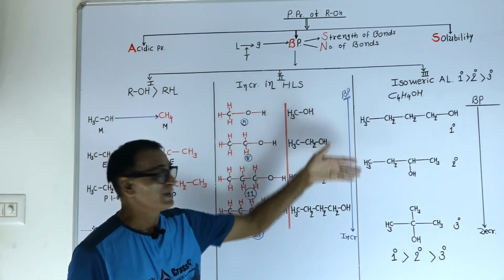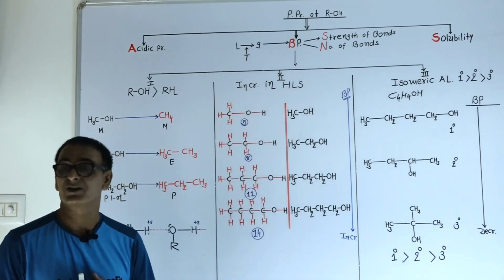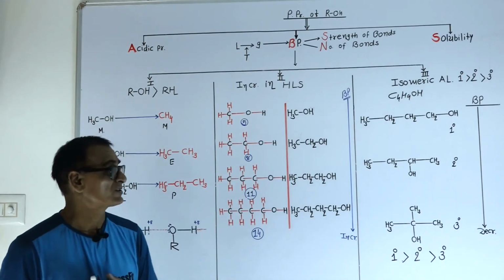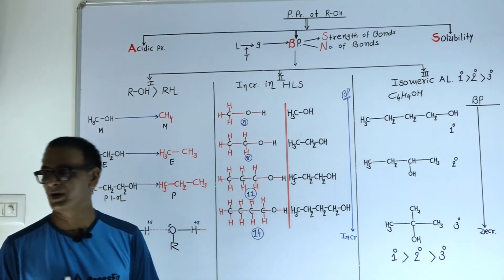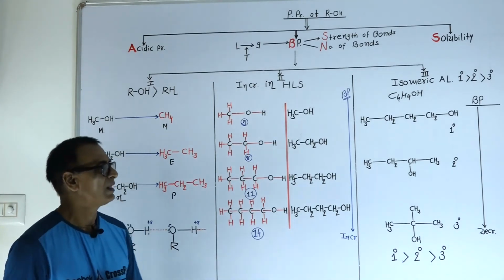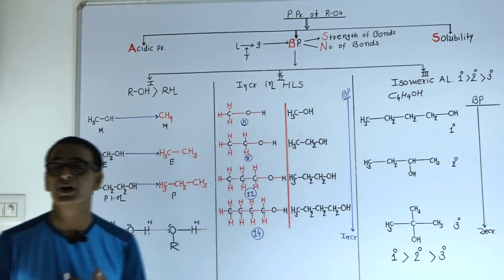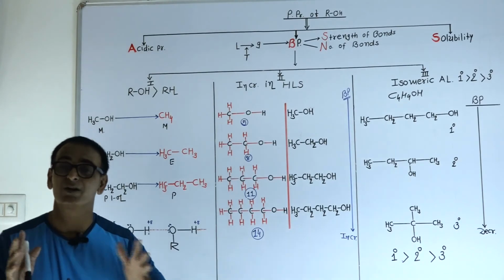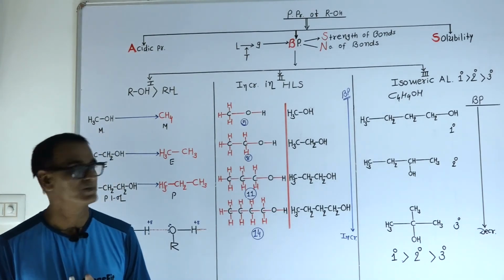In isomeric alcohol, the structures are quite different. The molecular formula is the same, the structure is different, so the chemical properties will also be different. But boiling point always depends upon the arrangement of carbon atoms in a chain.